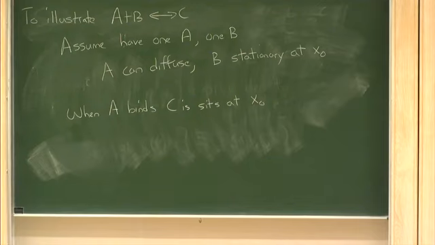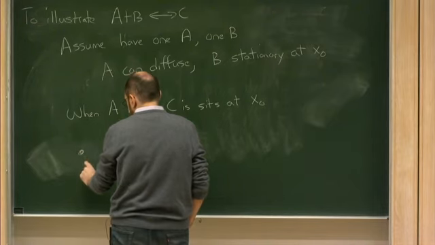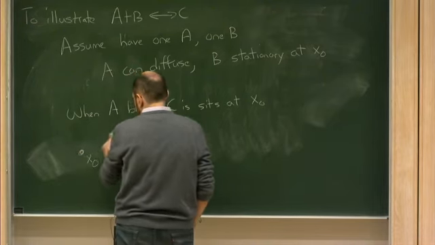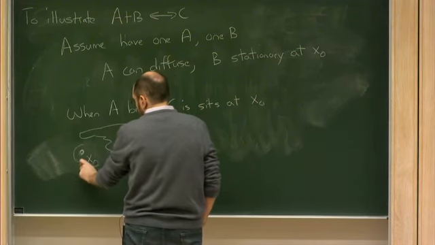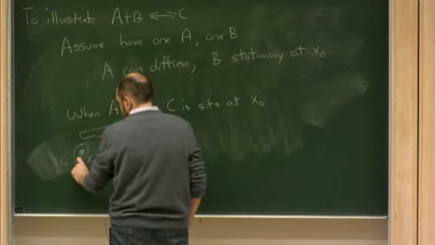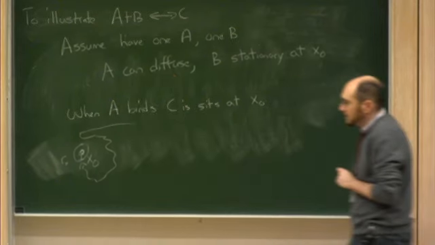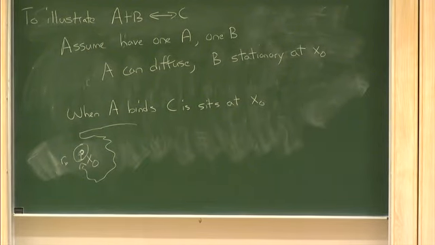So let's just assume here's my C molecule sitting at x naught. My A molecule diffuses around, and when it gets within about a binding radius, there are various ways it can react. Okay. Good. So let's write down the different models, because there are several different types of models we can use.